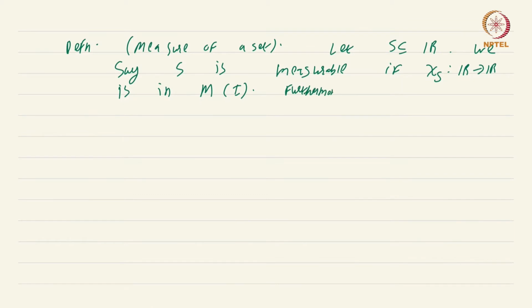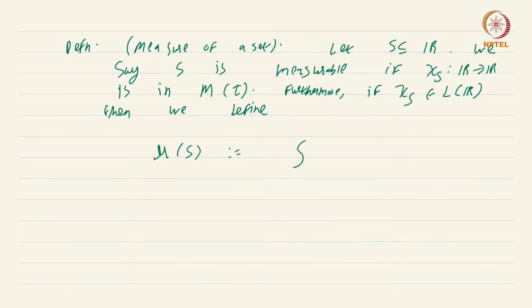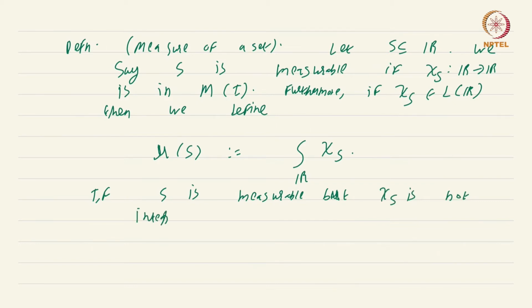Furthermore, if chi S is Lebesgue integrable on R, then we define the measure, which we traditionally call mu of S, to be by definition just the integral over R of chi S. If S is measurable but chi S is not integrable, then mu of S is by definition plus infinity.